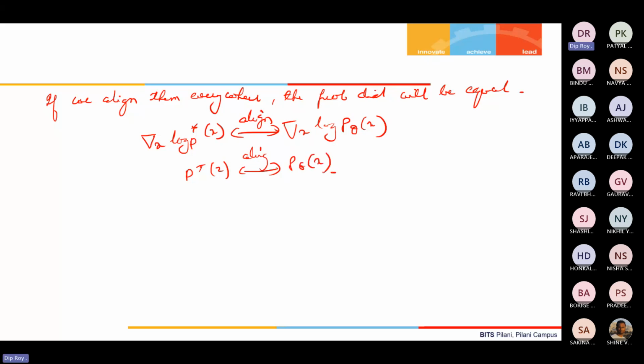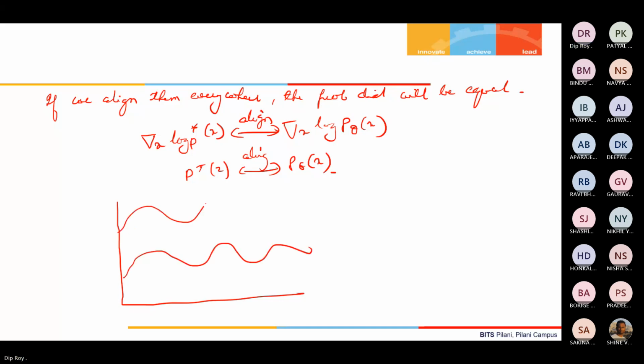Very nice property. And the only way the topology of both things would be the same, and the only way this topology can differ is like this, which is basically the log. There is no other way in which it can differ, and this by a constant k.